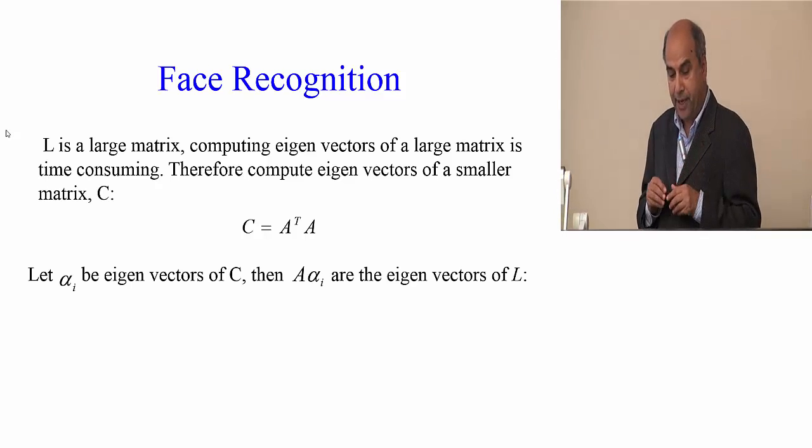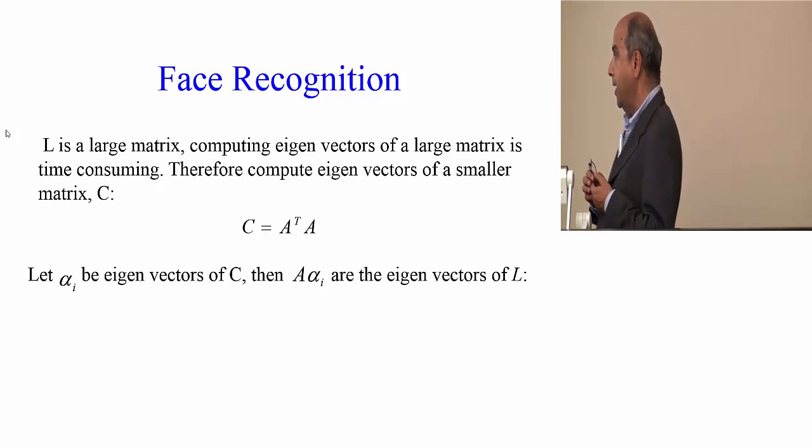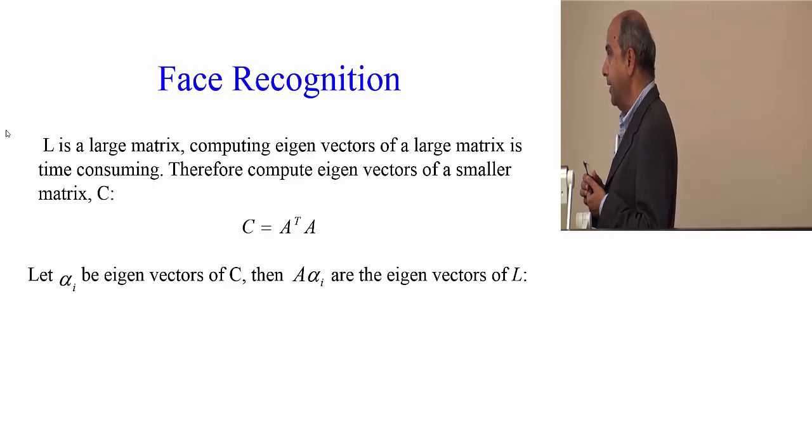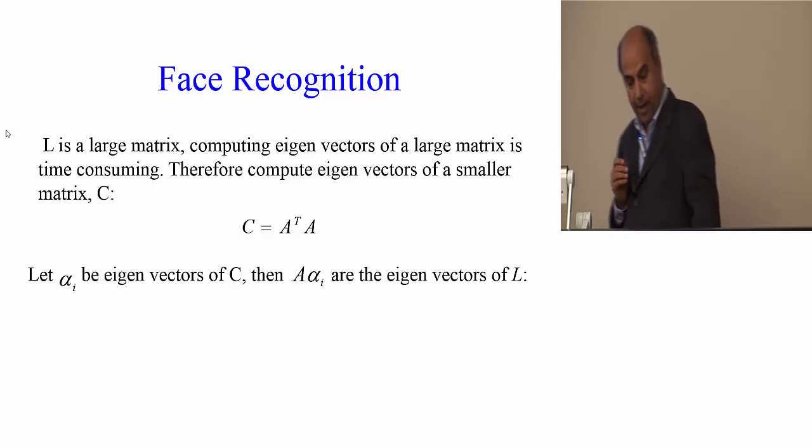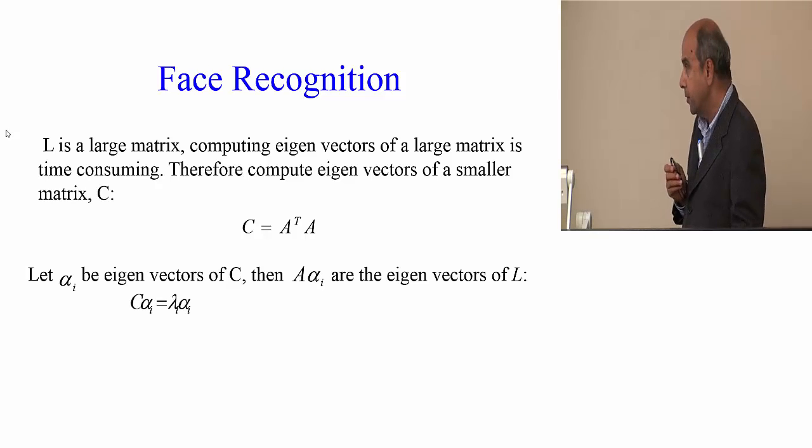Let's say alpha I is an eigenvector of C, then we will show that A alpha I is an eigenvector of L. It's very easy to find alpha I because C is small. Once we know that, we multiply by A and get the eigenvectors of L, which is shown here.